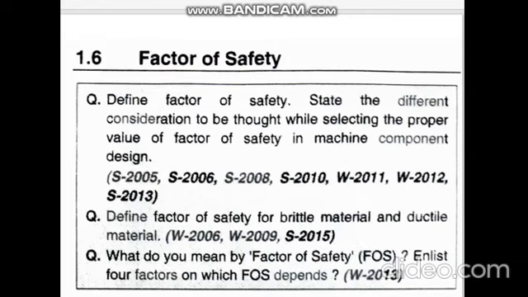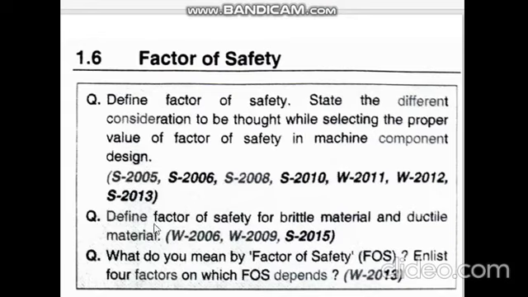Now, coming to another important topic in machine design, the factor of safety. As you can see here, so many times questions are asked about the factor of safety. You should be able to define the factor of safety and the different considerations when you are selecting the factor of safety for a machine component.